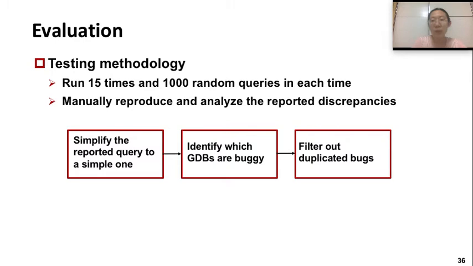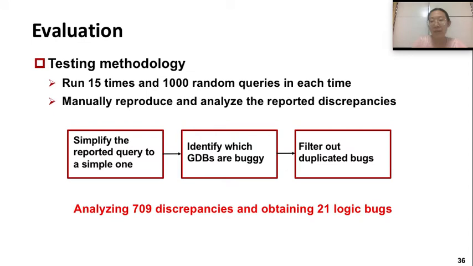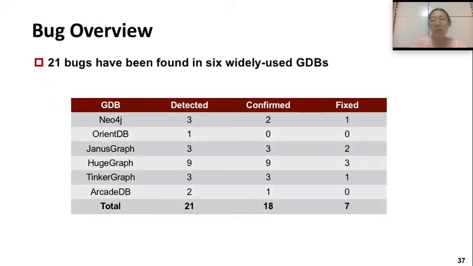For each reported discrepancy by Gerund, we manually reproduce and analyze it to verify whether it's a real logic bug. Finally, we found 21 logic bugs among 709 discrepancies. In total, Gerund detected 21 bugs, in which the developers have confirmed 18 bugs and fixed 7 bugs.